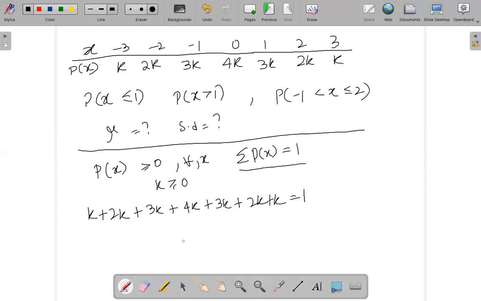Once we find the value of k, k will be 1 by 16. Since k is unknown, we have to find the value of k by using the condition.